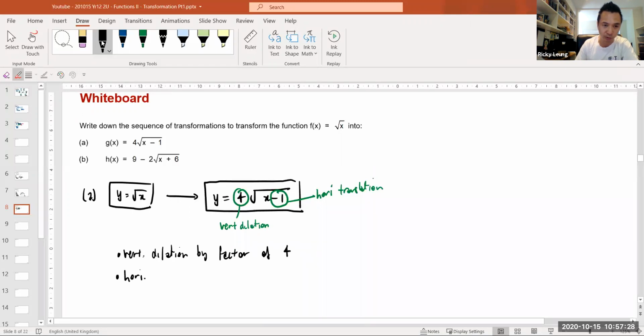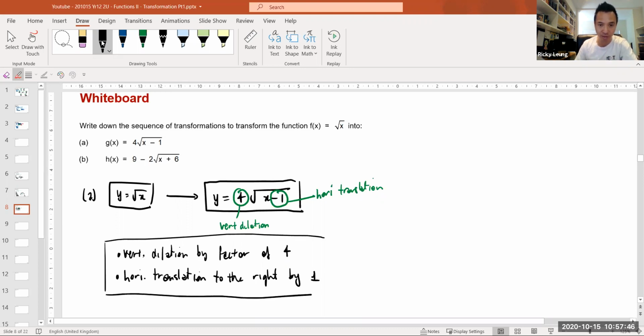So if your school teacher doesn't like you shortening the words vertical and horizontal, don't. I'm lazy, so there it is. Translation now, give a direction, right? To the right by 1. That's my answer, right? Nothing too wow about that. Pretty straightforward, right? The order in this case doesn't matter, because it commutes, and hopefully that makes sense.